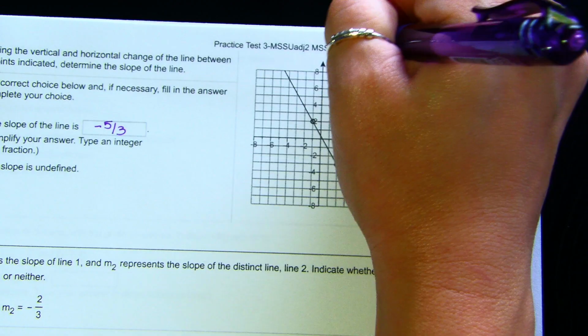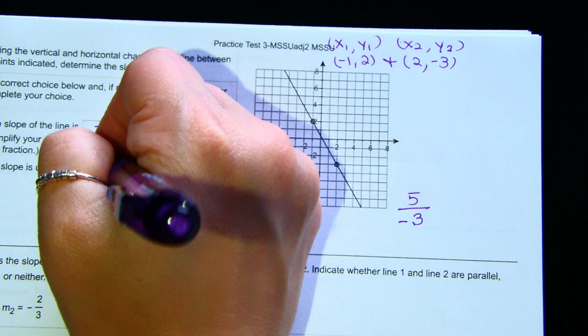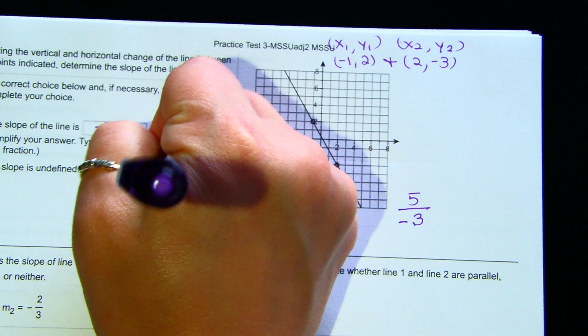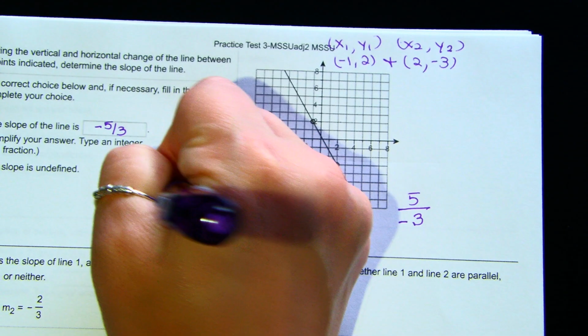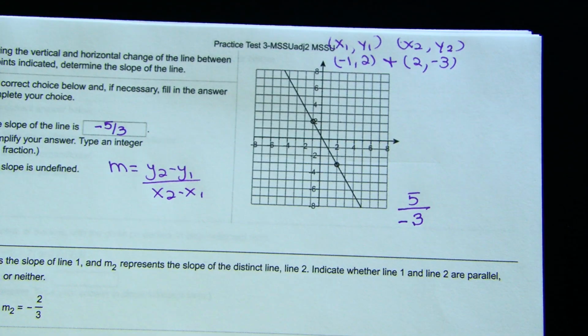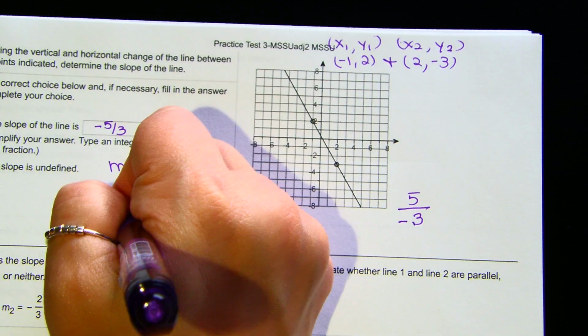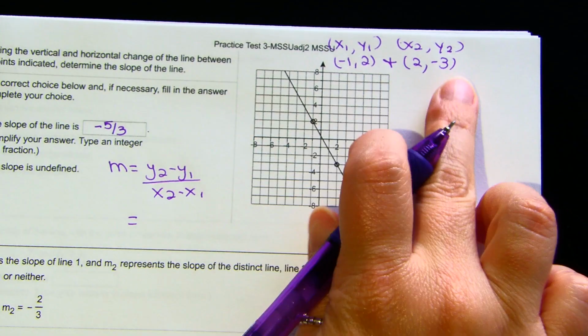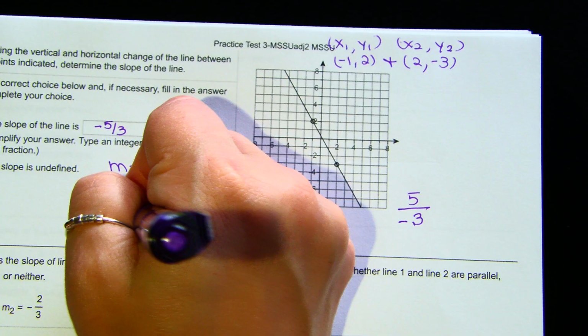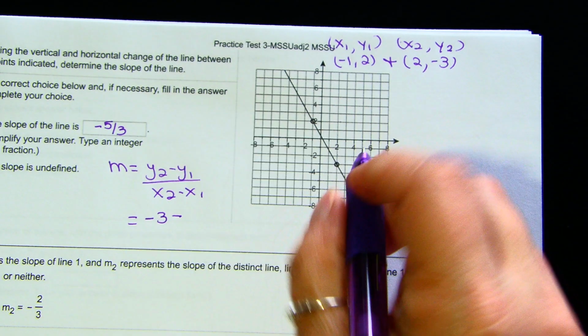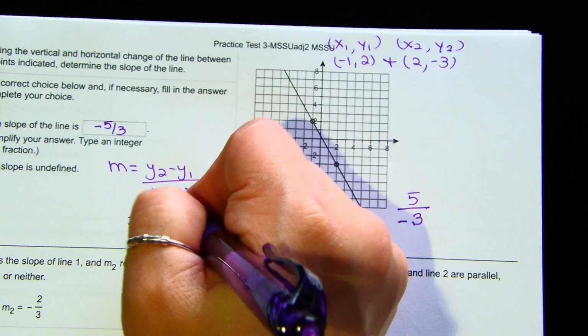All right, y2 as I have them labeled would be negative 3 minus my y1, which is a positive 2, all over x2, which is 2, minus x1. Now, the minus is part of the formula, but my x1 is already negative, so I'm going to have a minus minus. A minus minus produces a positive.